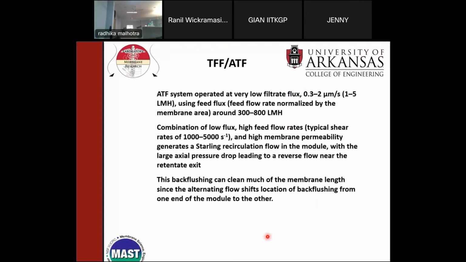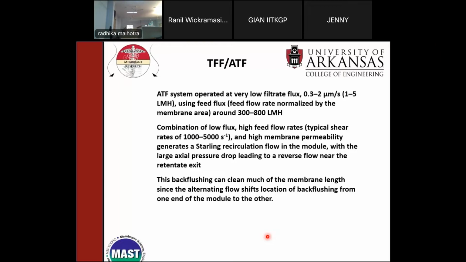the system is operated at very low flux, about 0.3 to 2 micrometers per second, 1 to 5 LMH, using a feed flow rate normalized by the area of up to 800 LMH. So remember, I told you in continuous biomanufacturing, speed is not important for a long time, but we can run slowly.